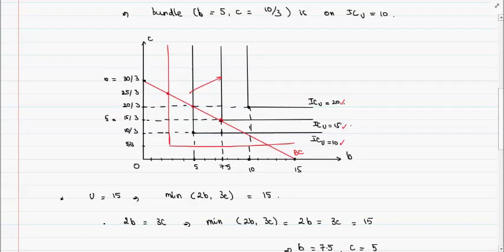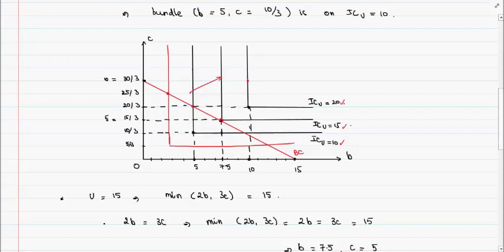Now you will not be able to find any bundle that is better than this bundle, because if you pick somewhere else that has higher utility, it's not going to be on the budget constraint anymore. For example, someone is asking, why can't I pick this bundle over here? Because it's on the indifferent curve of utility 20, which is higher. But as you can see, it's not on the budget constraint anymore, so it's not affordable.